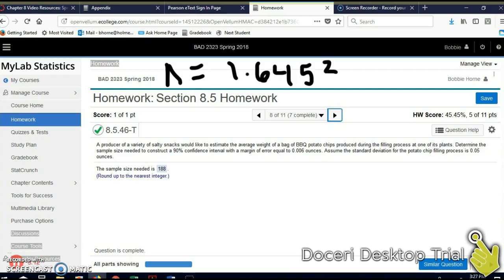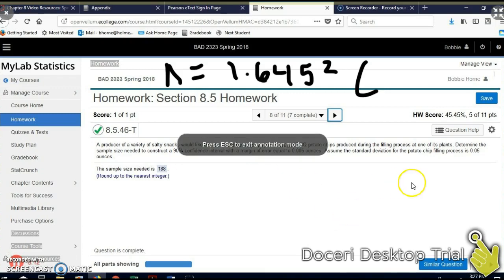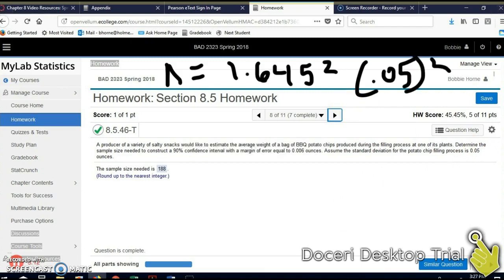I'm still using the table I showed you. The standard deviation is 0.05, so 0.05 squared, and the margin of error is 0.006 squared. Once you plug that into your calculator, you will round up to 188.